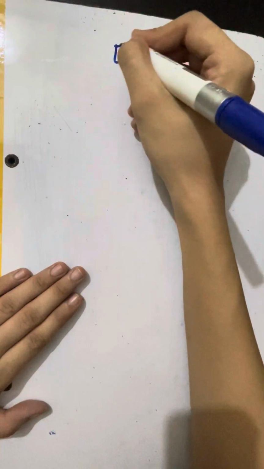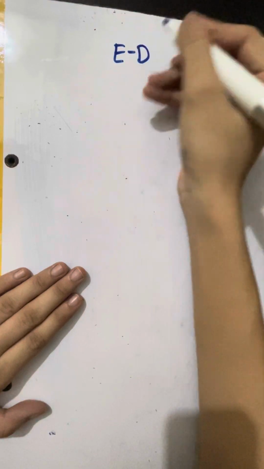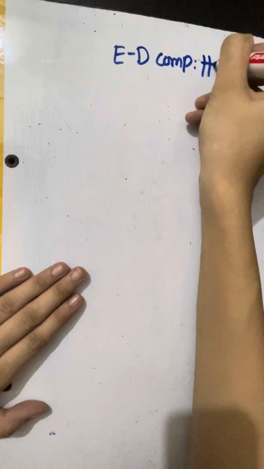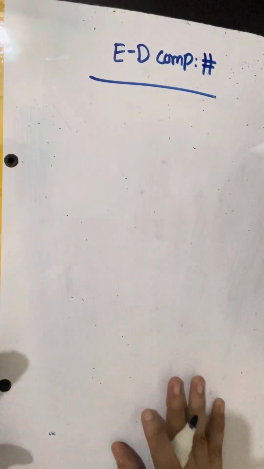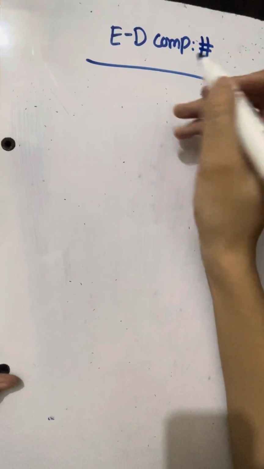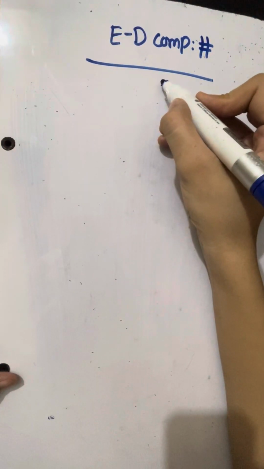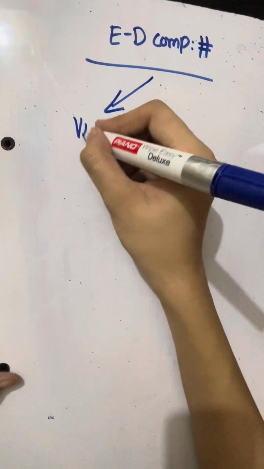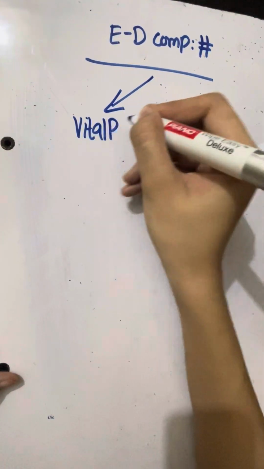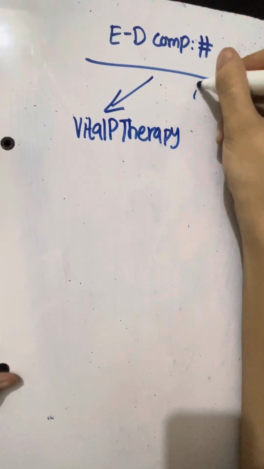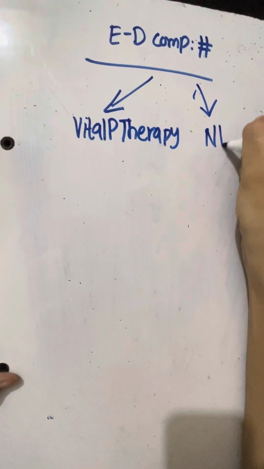Now we will discuss the enamel dentine complicated type of the fracture. Means the pulp is involved. The options for enamel dentine complicated fracture are vital pulp therapy and non-vital pulp therapy.